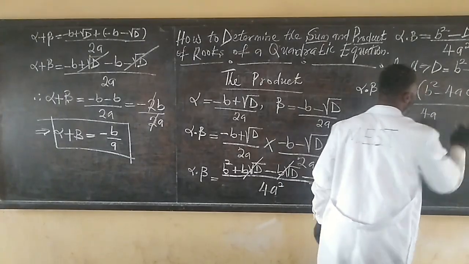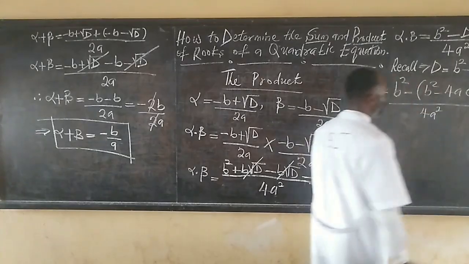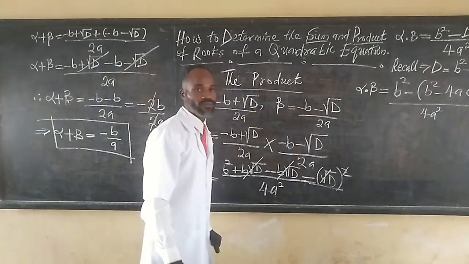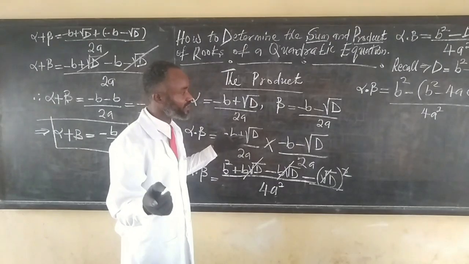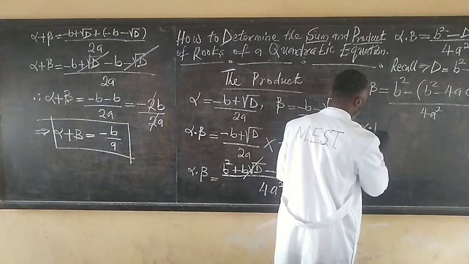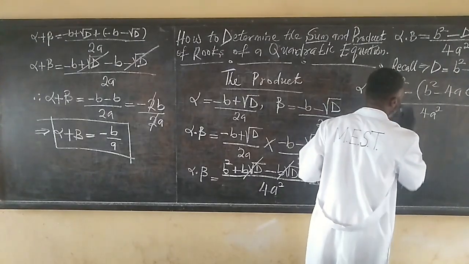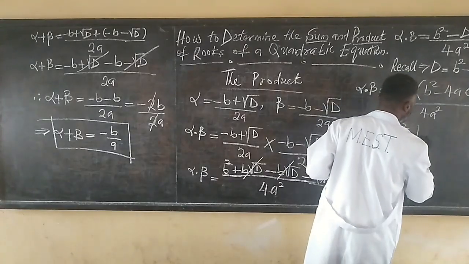Let me write this squared clearly so that there won't be any confusion. The next step, we clear the brackets. Alpha dot beta is equal to b squared. This minus times this b squared is minus b squared.